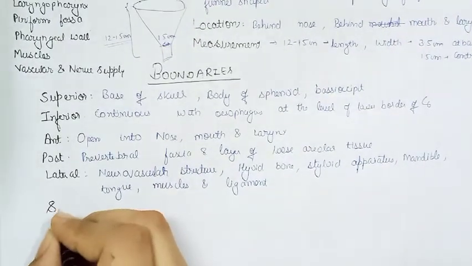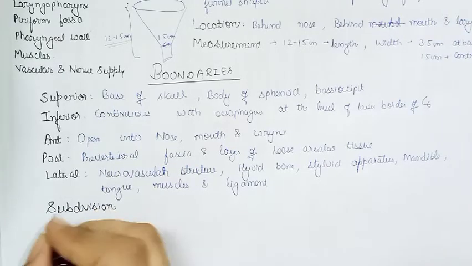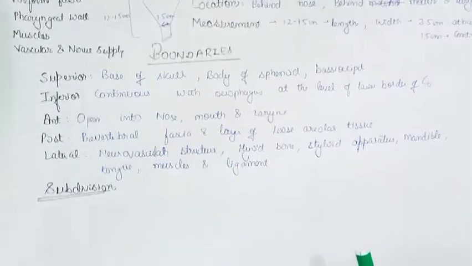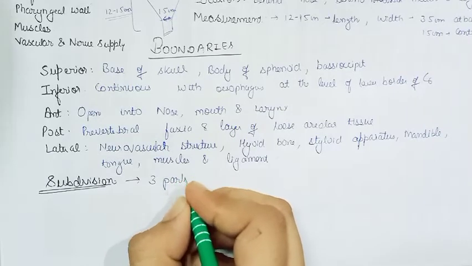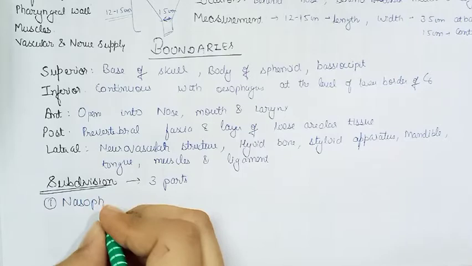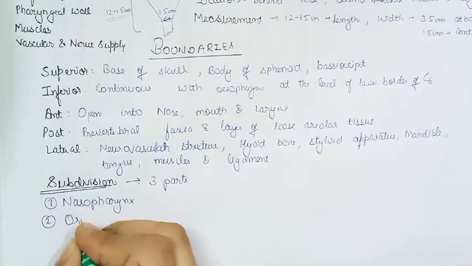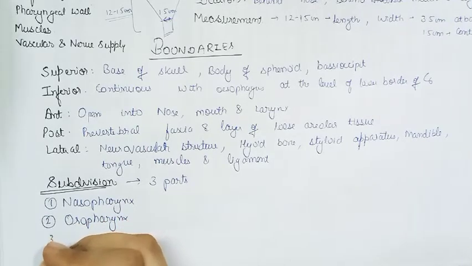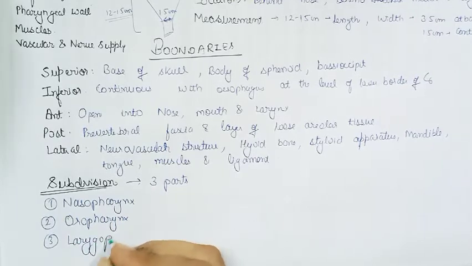First let's talk about the subdivisions of the pharynx. It is divided into 3 parts: the nasopharynx, oropharynx and laryngopharynx. First is the nasopharynx, then we have the oropharynx, and the third structure is called the laryngopharynx.